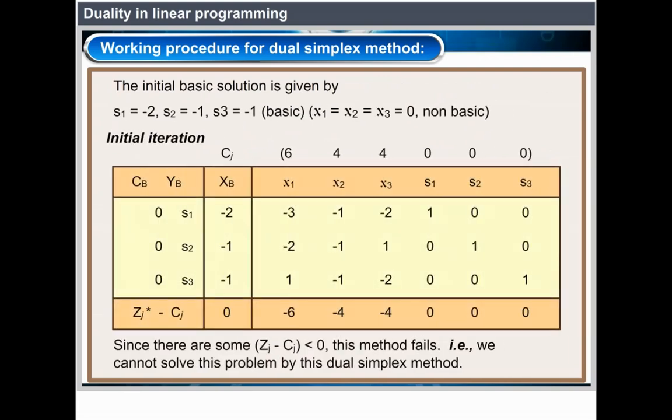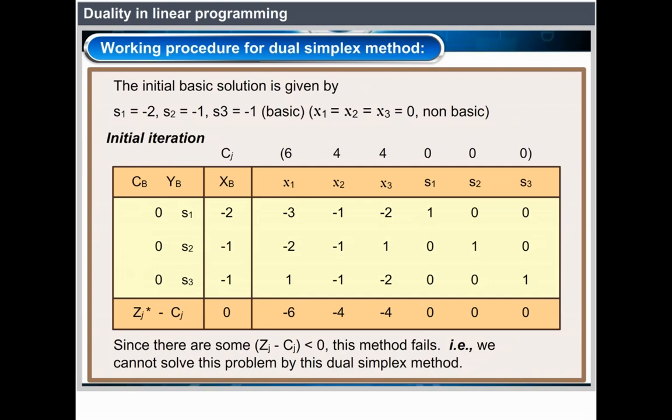The initial basic solution is given by s1 equal to minus 2, s2 equal to minus 1, s3 equal to minus 1, and x1, x2, x3 equal to 0, which have been considered as non-basic variables, but s1, s2, s3 are basic variables. Initial iteration. We can see the simplex table now: CB, YB, XB, X1, X2, X3, S1, S2, S3.